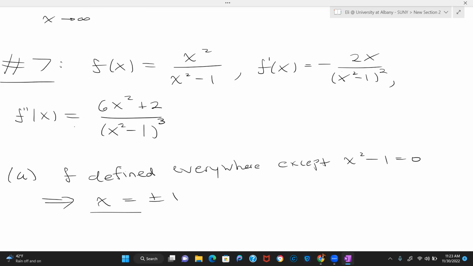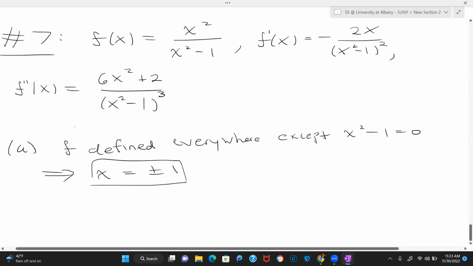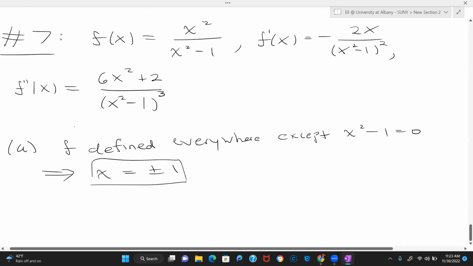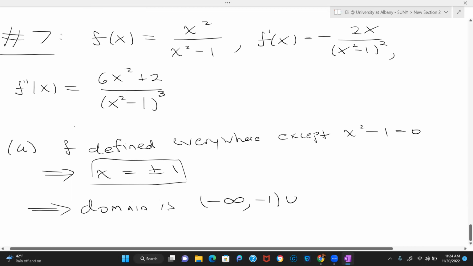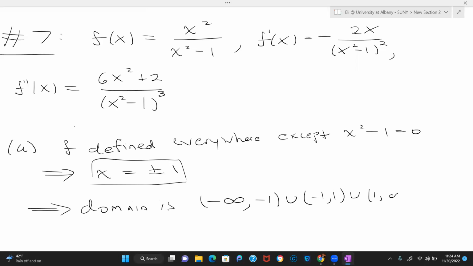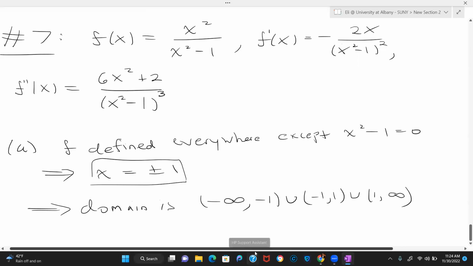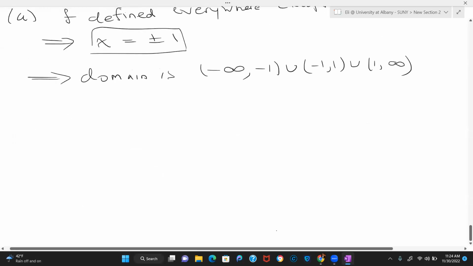So it's not defined at these points, plus or minus 1. So it's every real number except plus or minus 1. So that means the domain in interval notation is this. Yeah, so this set right here is the set of all numbers that are not 1 or negative 1. So that's the domain.